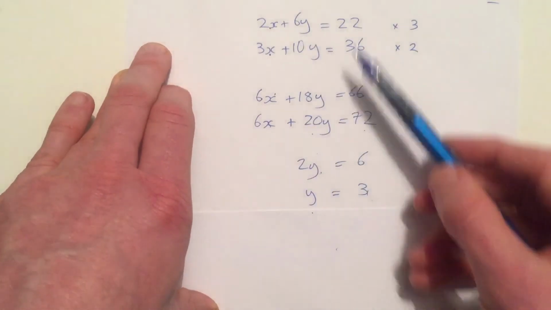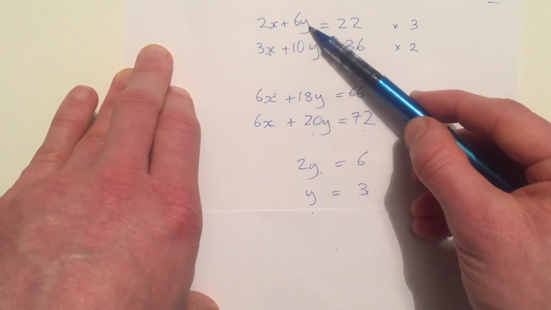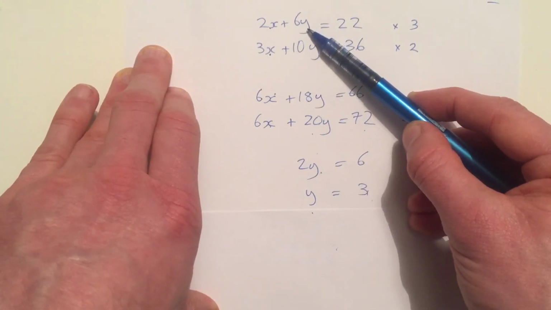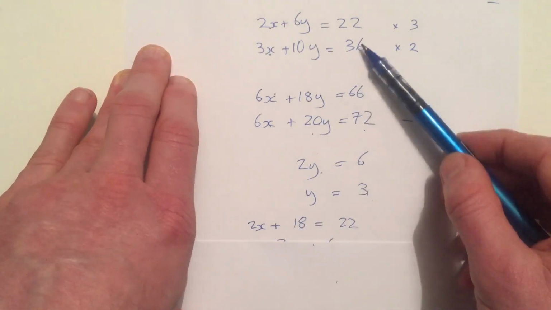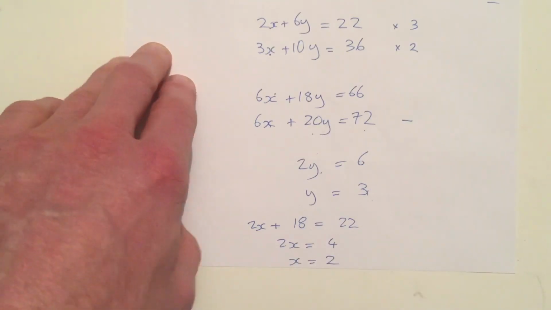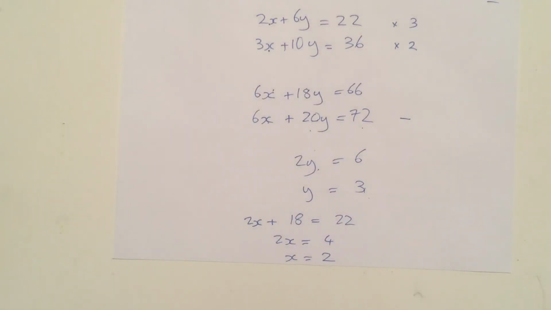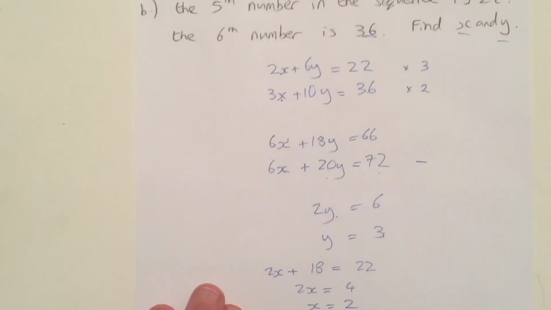So if I substitute that in here, I get 2x plus 6 times 3. So 2x plus 18 is 22. Take the 18 away from both sides, and there we go. So that's it. That's a Fibonacci type sequence and how we can solve complex algebra problems using it.